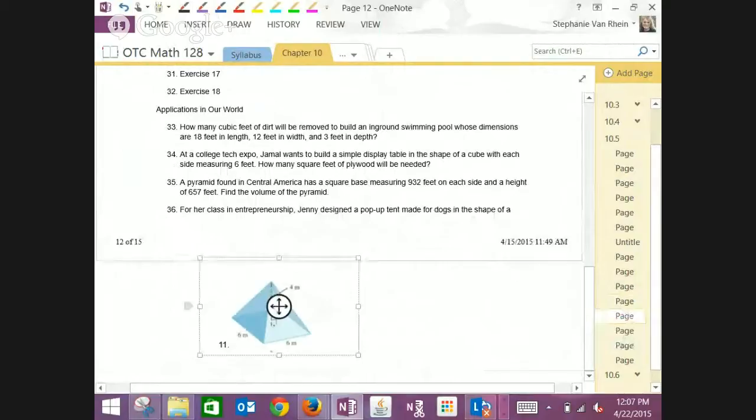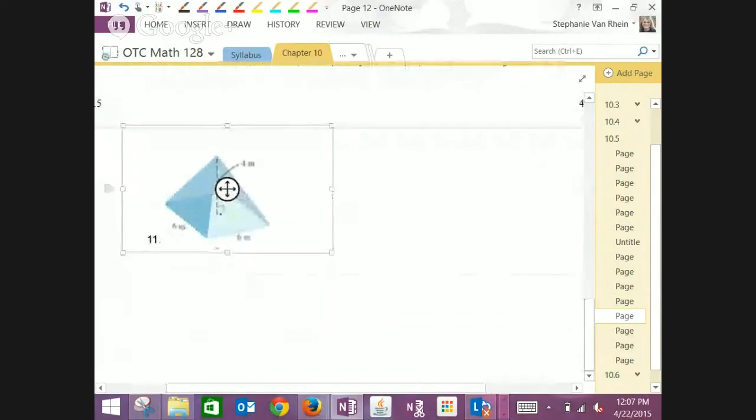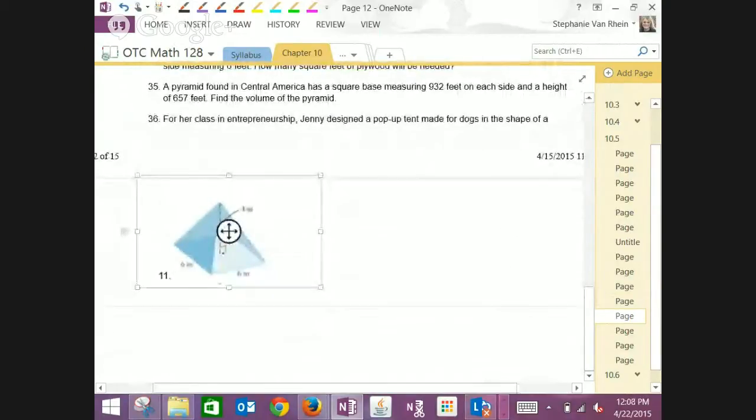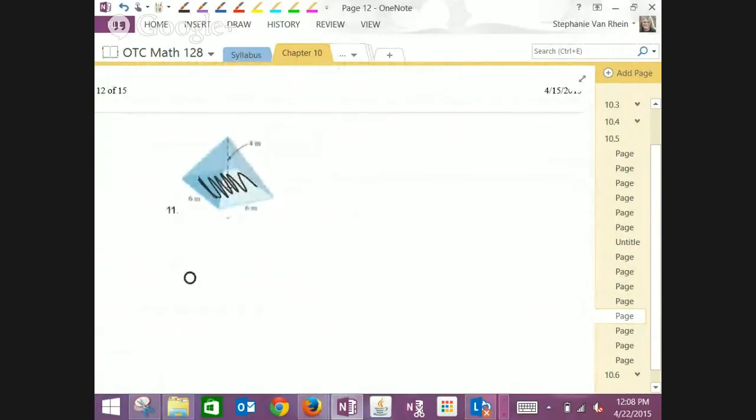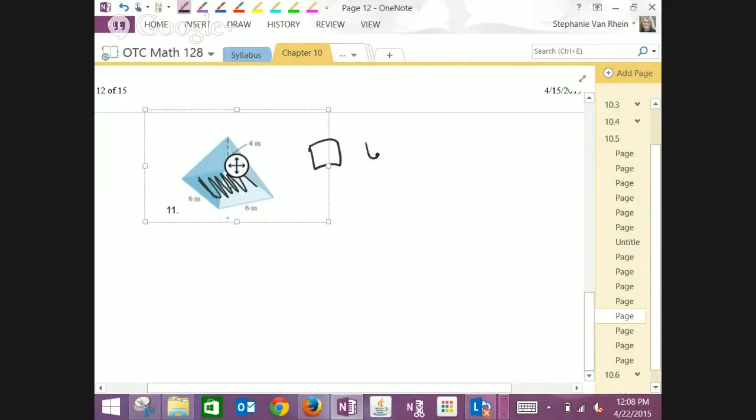I don't think we went over 25 and 29, like surface area? Yeah, so you have to break it up. What is the surface area of a square? The base is a square, right? So the surface area of a square is just the area of a square, length times width. So this would be 6 meters times 6 meters, which is 36 meters squared.